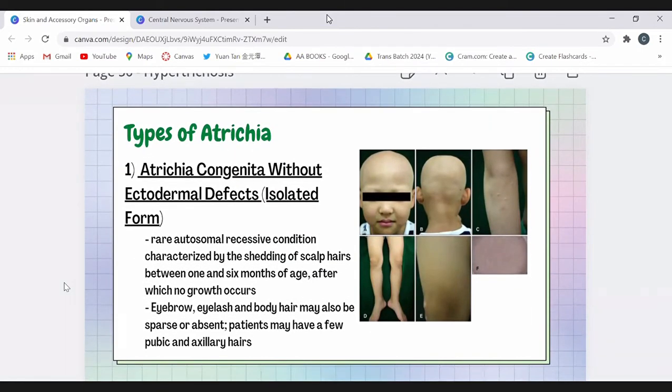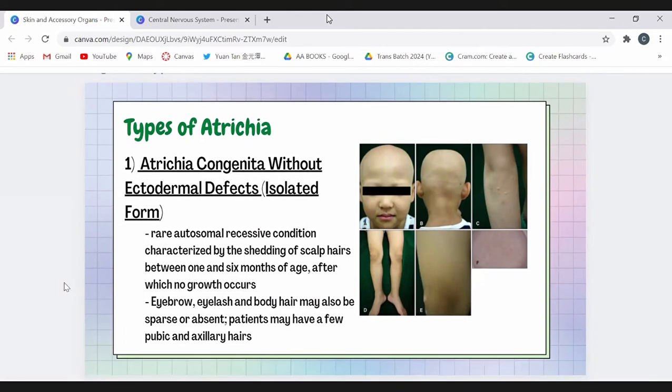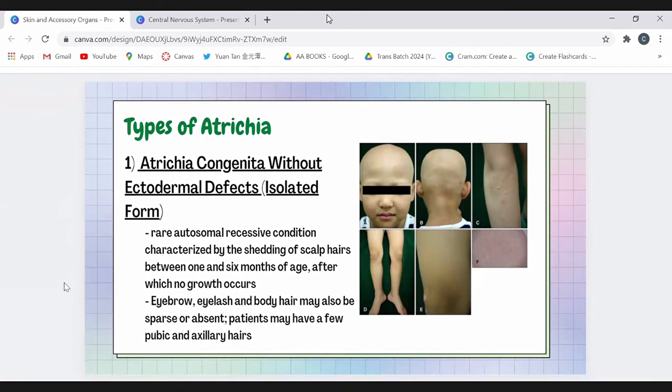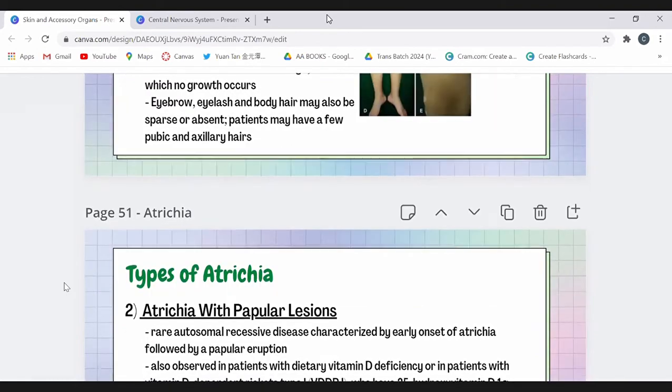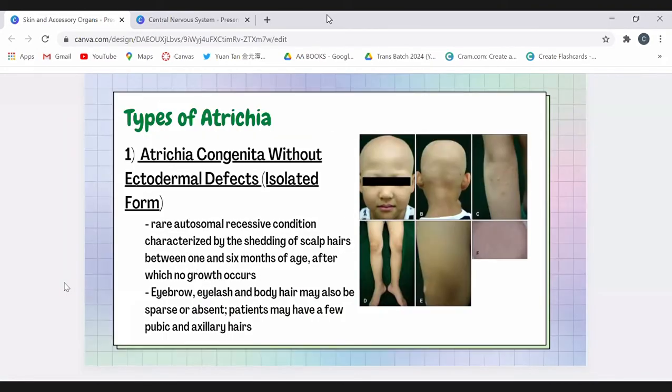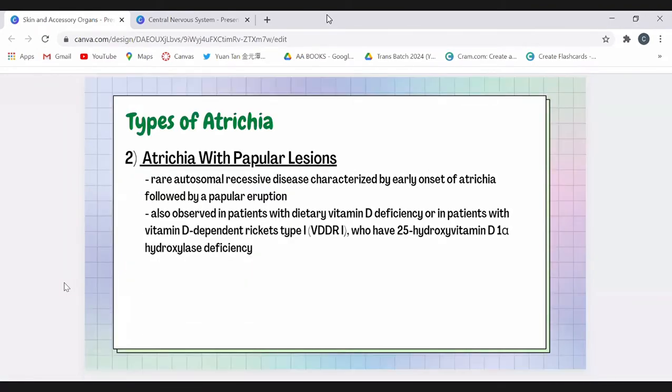So the types of atrichia: atrichia congenita without ectodermal defects, the isolated form. It's a rare autosomal recessive condition characterized by the shedding of scalp hair by 6 months of age, after which no hair occurs. Eyebrows, eyelashes, and body hair may also be sparse or absent. Patients may have a few pubic or axillary hairs. Okay, next slide, please.